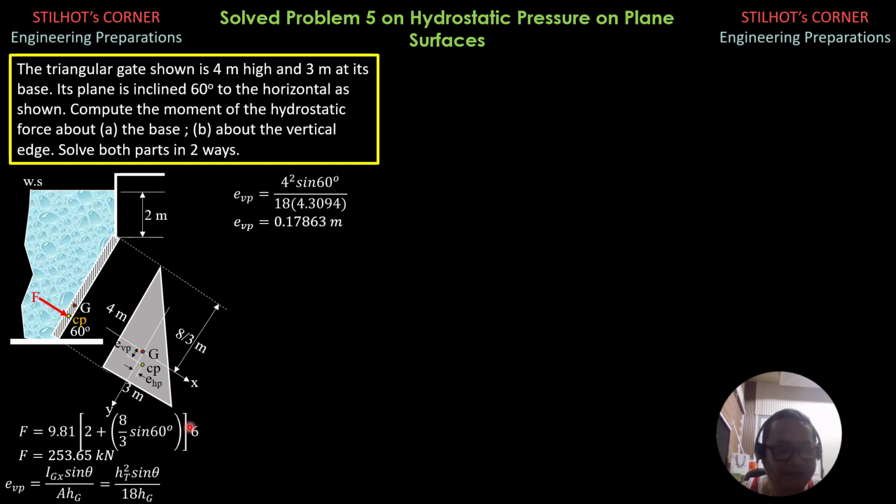Remember, the positive x-axis is in this direction, so it is supposedly negative. So for the moment about the base, we just make it positive. It is equal to F, 253.65, times the distance of CP from the base, which is, because this is 1/3 of 4, the moment arm of 4/3 minus EVP. So moment about the base is 253.65 times the quantity 4/3 minus 0.17863. So the moment of the force about the base is 292.9 kilonewton meters.